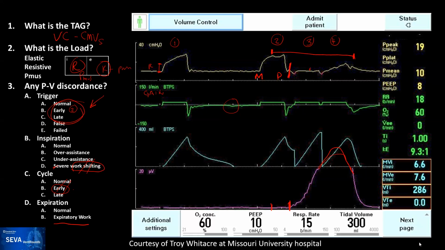And Rob, what do you think? Just to clarify, there is a NAVA catheter in this patient, but we are not in the NAVA mode. That's why you get the EDI signal, because the catheter is being used to monitor the diaphragm activity, not to trigger and cycle inspiration.